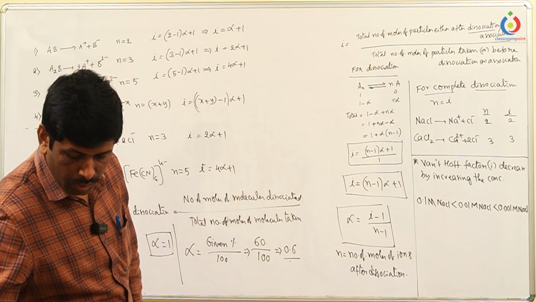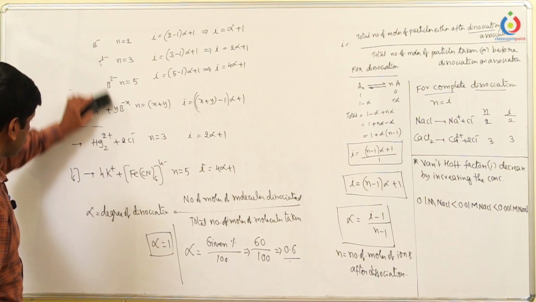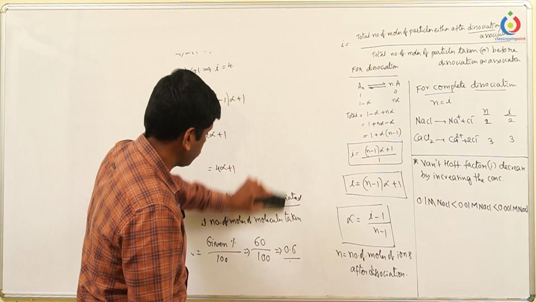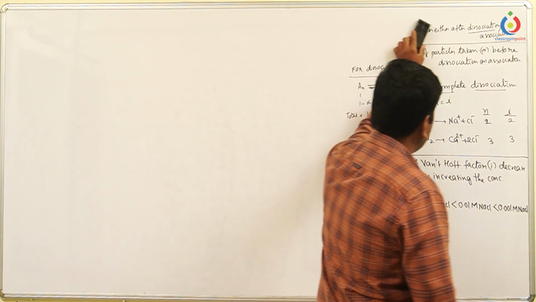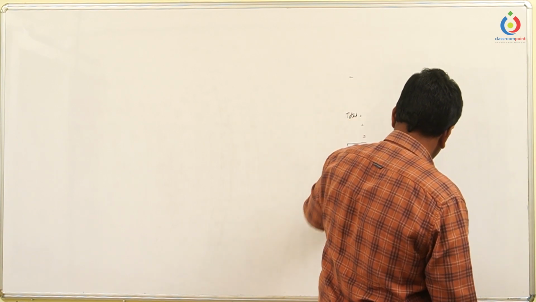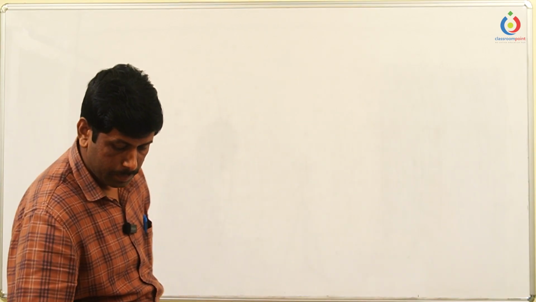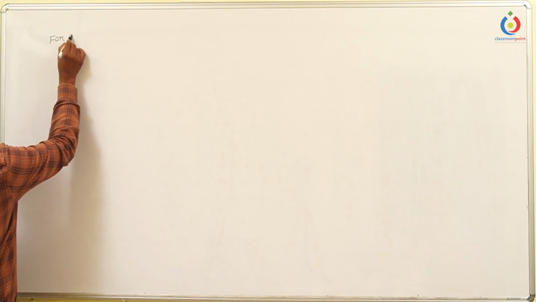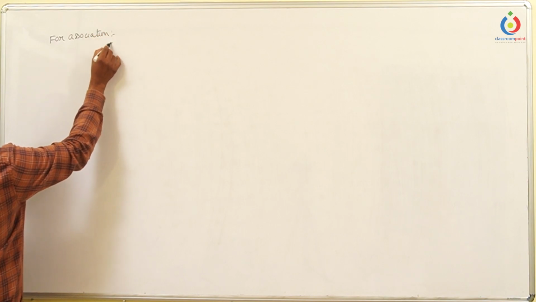So this is about the molecules that are participating in the dissociation process. Now let us see the ions that participate in association.